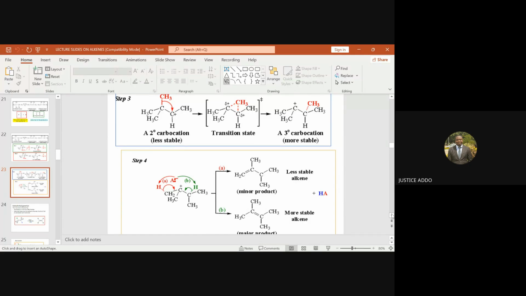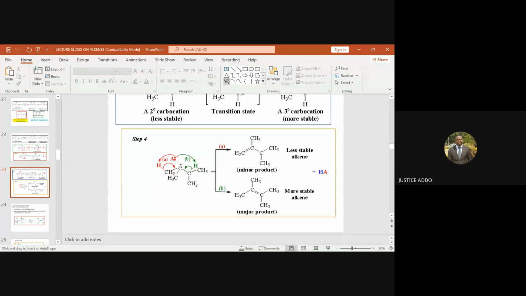Now, why are we calling this product the major and then this one the minor? This one is being called the major because that one is going to be formed more. That one is more stable than this one. Okay. So that brings us to the stability of what? Alkenes. Now, the more stable an alkene is, the more it is formed.